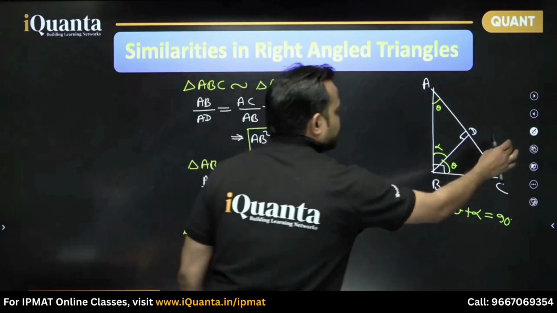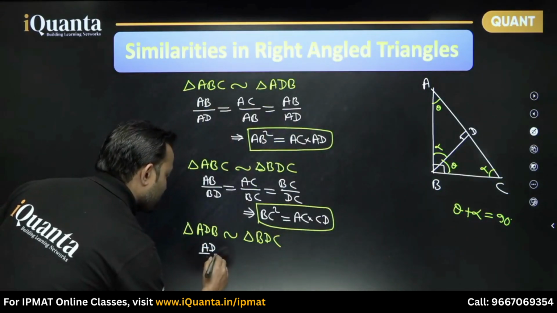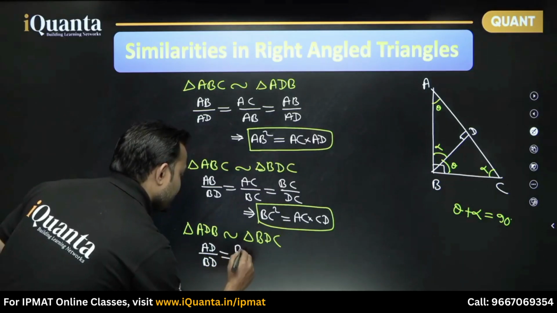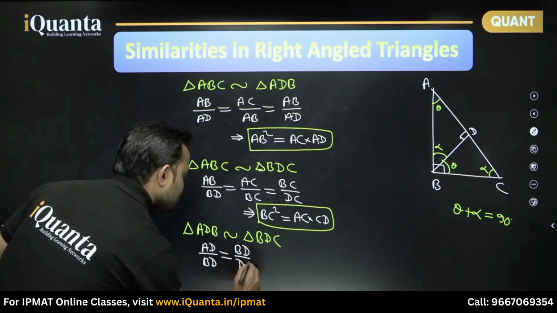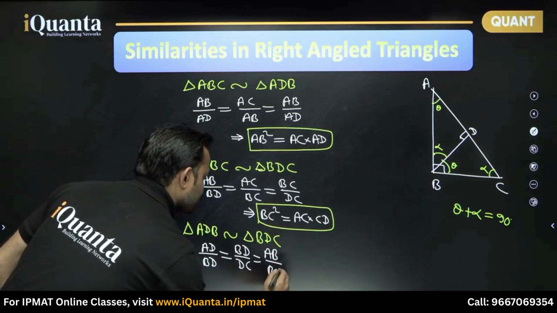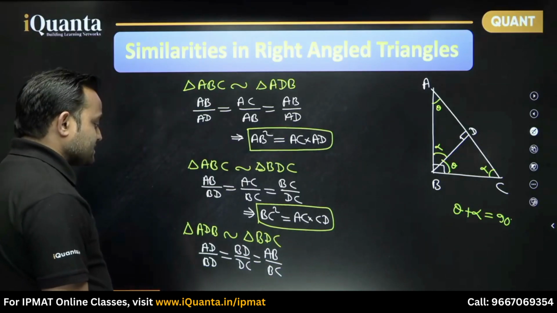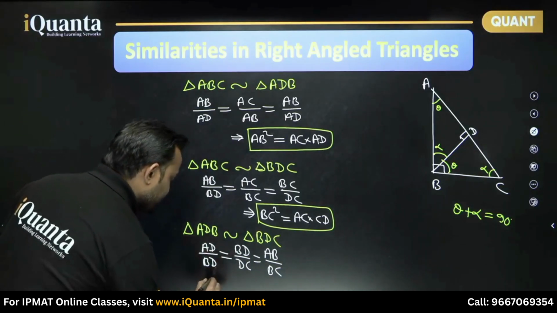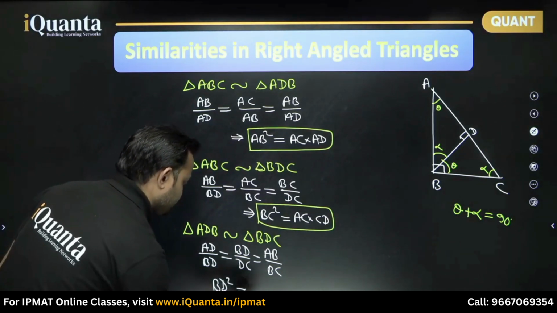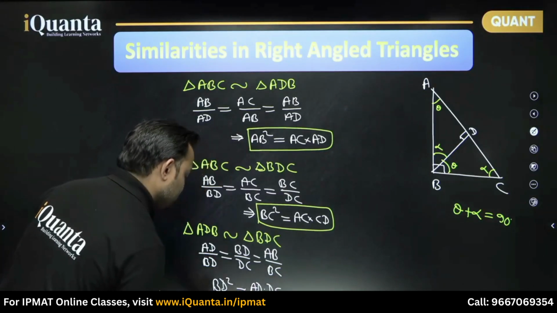So we can say now that AD upon BD will be equal to BD upon DC, which will be equal to AB upon BC, right? So from here you can see, can we say that BD square will be equal to AD into DC.